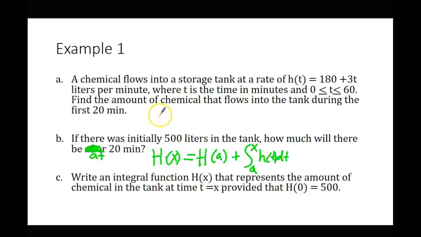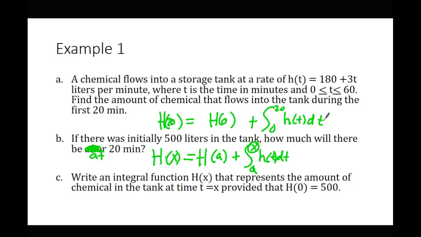And what am I going to put in for X? So X is my final time. So H of 20 is equal to H of A. What's my A? My starting amount, plus the integral from 0 to 20 of my function, right?